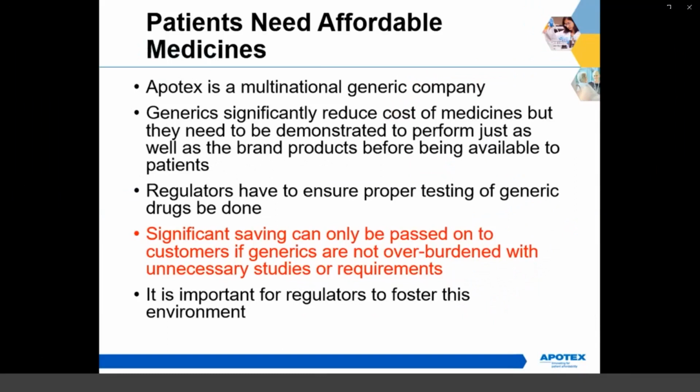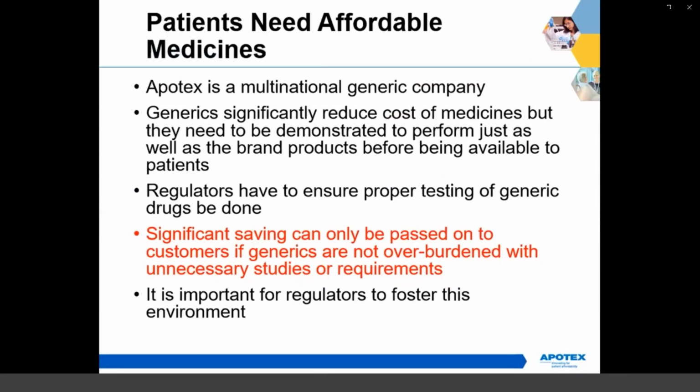Apotex is a multinational generic company. As you know, generics can significantly reduce the cost of medicines, but they first need to be demonstrated to perform just as well as the brand products before being available to patients or before physicians have the confidence of prescribing it.